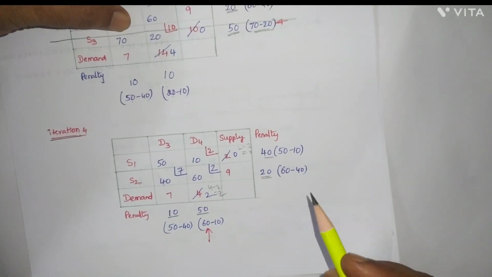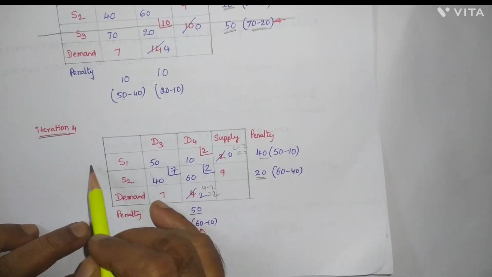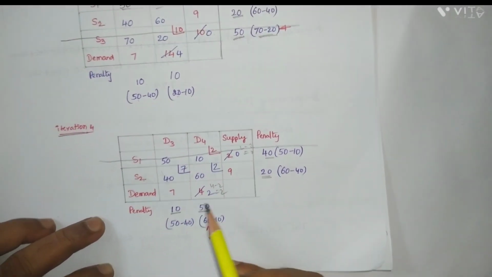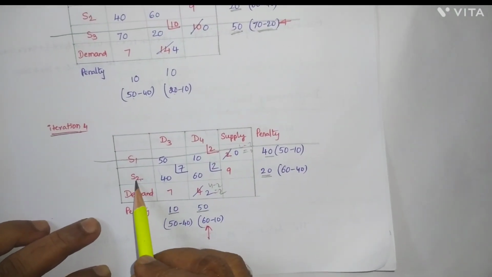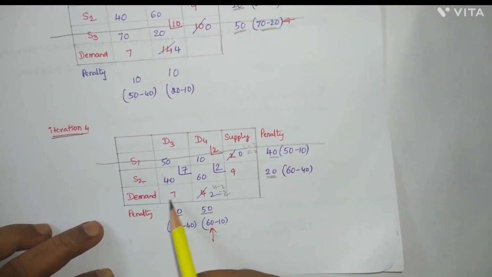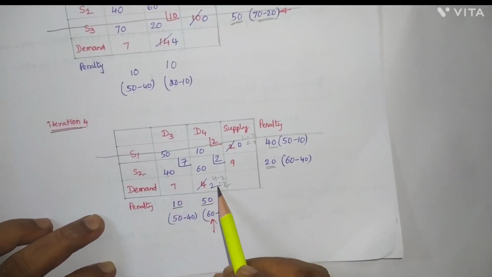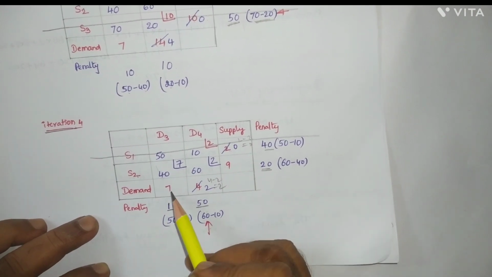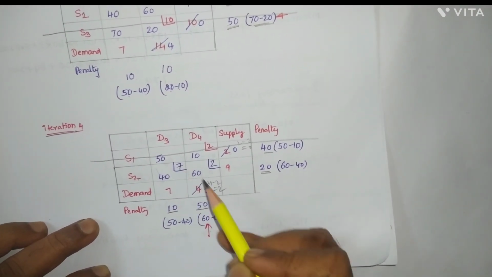So this row is deleted. Next only S2, D3, D4. Here demand is 7, 9, supply is 9. So 7 units are allocated to one cell, 2 units to this cell.